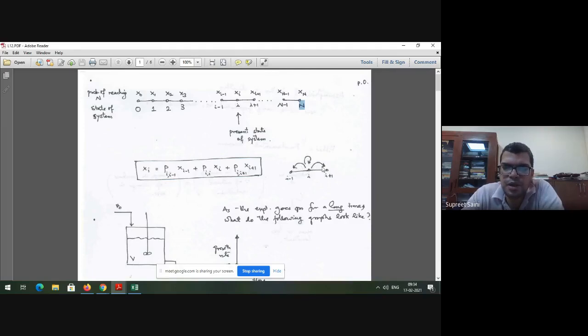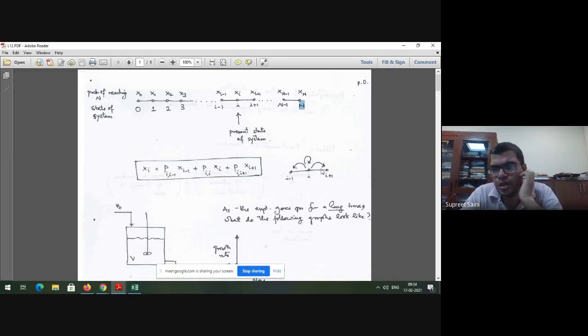What's important is that these three are mutually exclusive events. If you are at I minus 1, then you are not at I and not at I plus 1, and so on. What that means is that I can add the probabilities from these three mutually exclusive states.